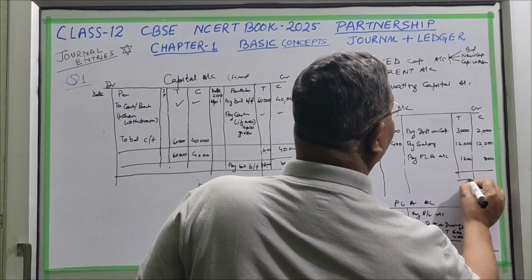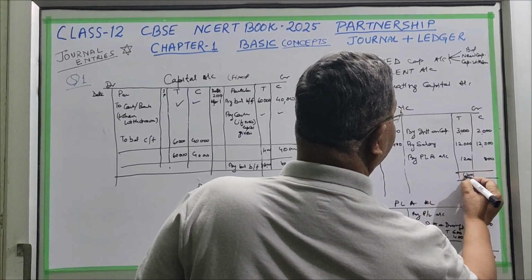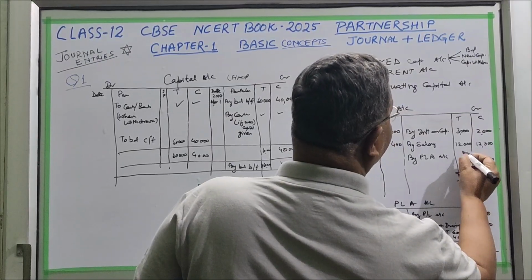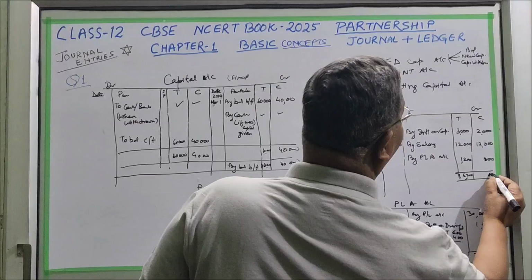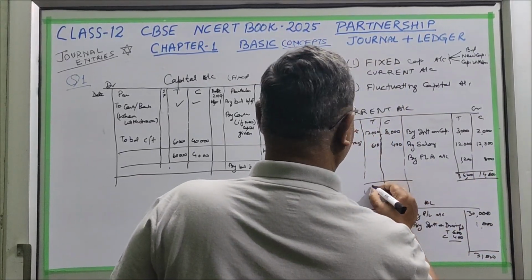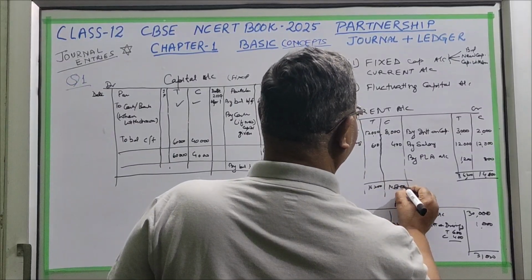So the totals come to 16,200 on this side and 14,800 on the other side.